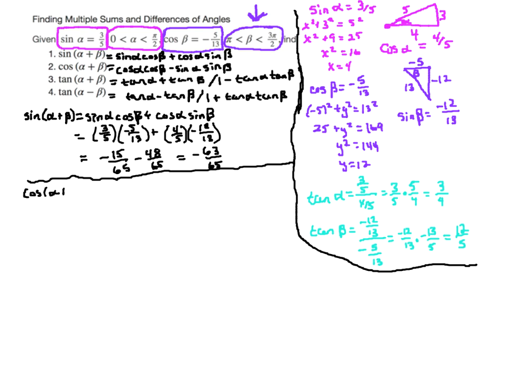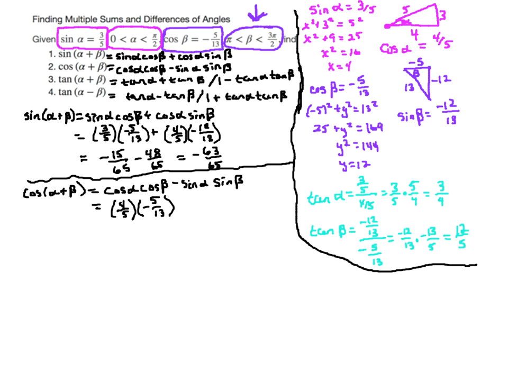Now let's do cosine alpha plus beta. Okay, so that formula is cosine alpha cosine beta minus sine alpha sine beta. Okay, cosine alpha is 4/5.